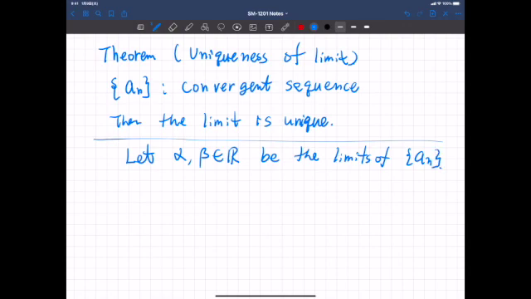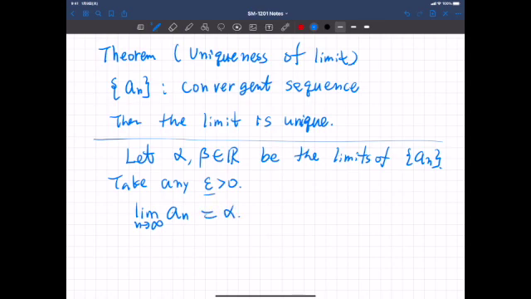Then take any positive epsilon, a positive real number. This can be anything, however small or however large. So first of all, alpha is a limit, so the limit of a_n is alpha.